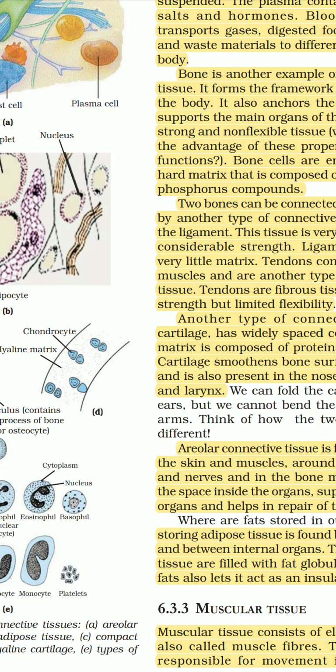And if you have any doubt, please ask me. I will send you some flowcharts and diagrams which will help you, and also make notes of structure, location, and function of these tissues. It will help you for the preparation of your exams.